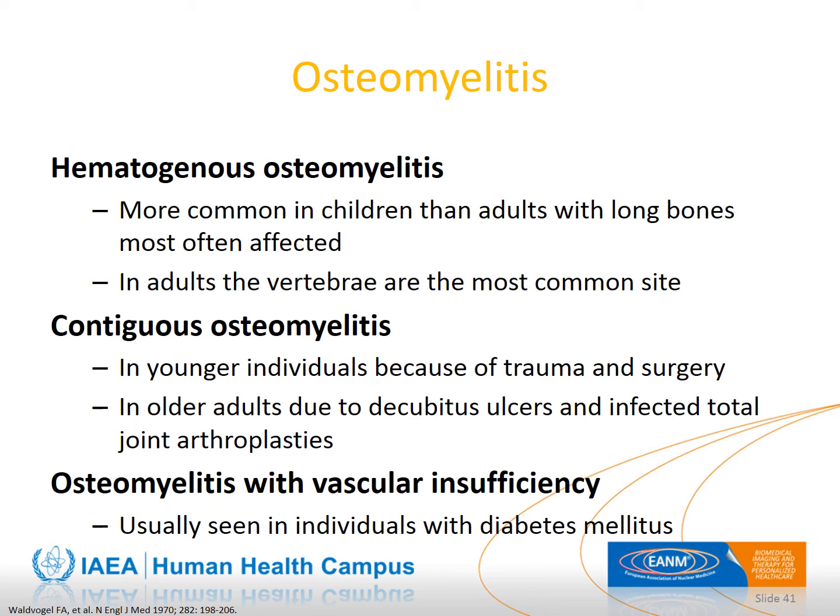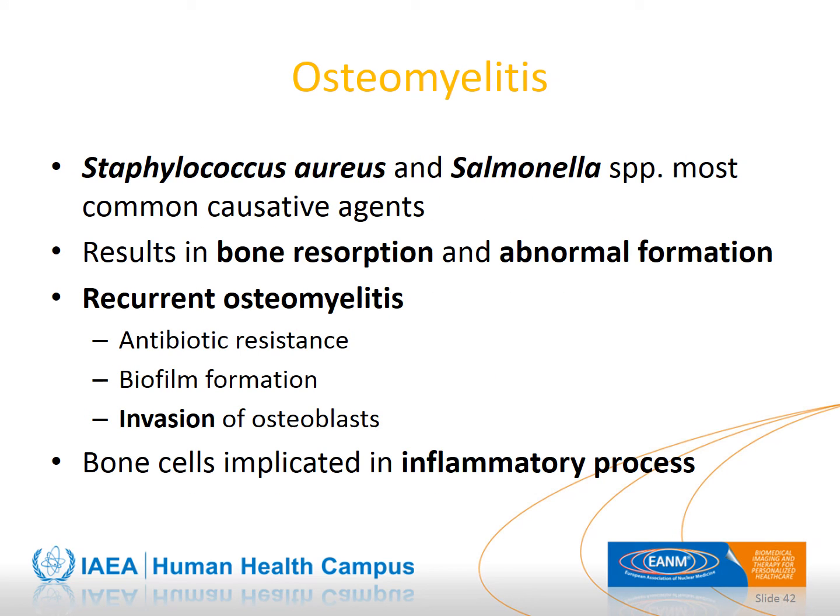The Cierny-Mader classification can be used to that purpose, distinguishing medullary osteomyelitis, superficial osteomyelitis affecting the outer surface, well-marginated sequestration of cortical bone, and permeative destructive lesions causing instability. Common causative microorganisms of osteomyelitis include Staphylococcus aureus and Salmonella species.